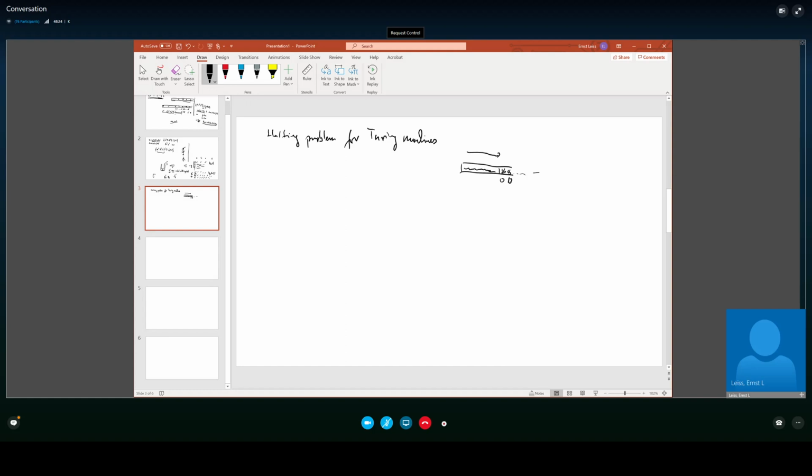But the fundamental problem that we're going to have to grapple with is, can we determine whether a Turing machine will halt for some input?